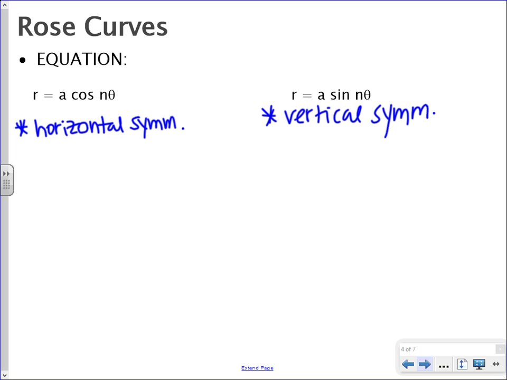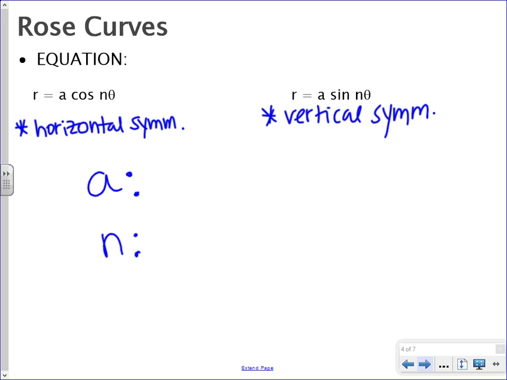All right. Let's talk about what a means, and then let's talk about what n means. So Finn, were you able to figure out what a told us about those flowers? It told us how far the curve would go up from the pole. Okay, good.